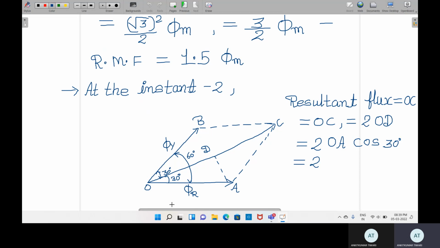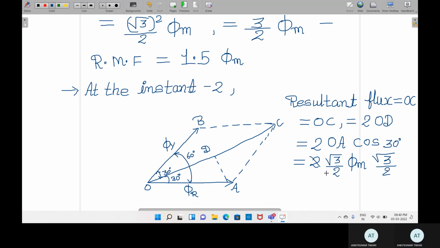So phi r is the flux produced by the coil r. So 2 phi OA equals root 3 by 2 into phi m, and cos 30 means root 3 by 2.